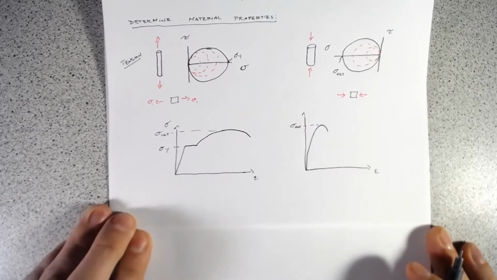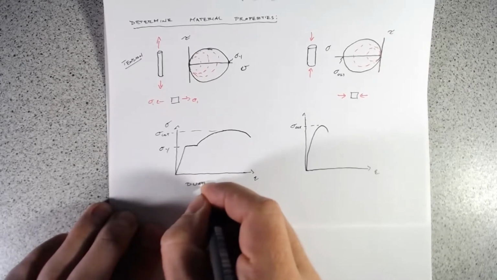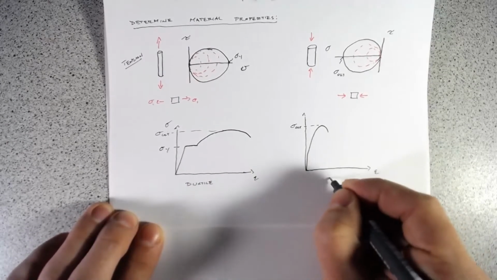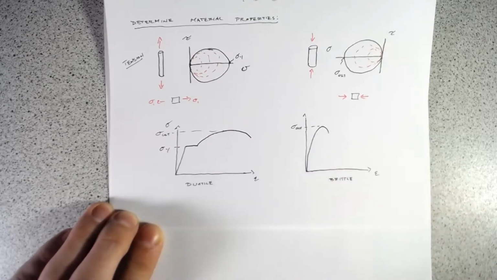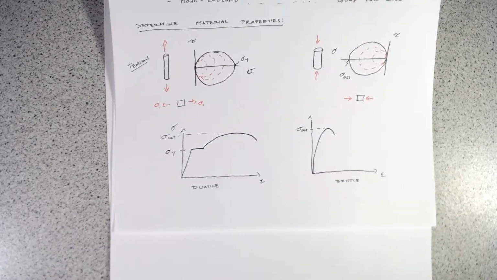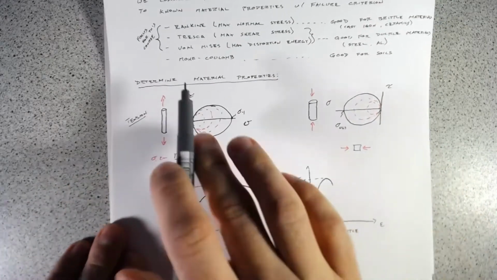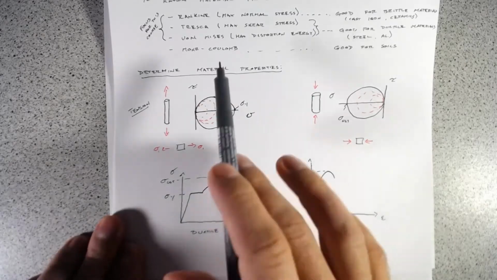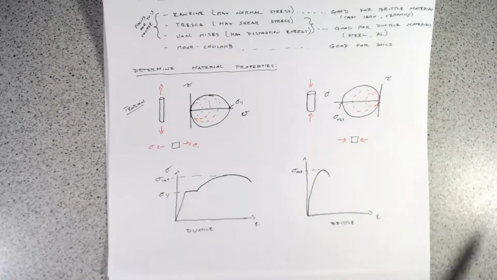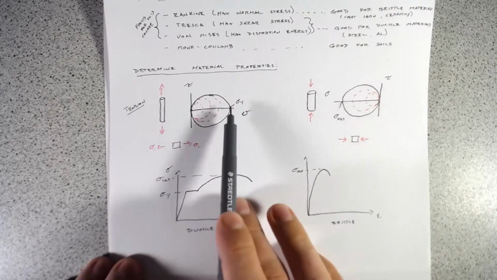So if this is our ductile side, and this is our brittle side, conceptually what we're going to do is for these different failure criteria, we're going to compare the way that they're going to fail to a given yield stress.